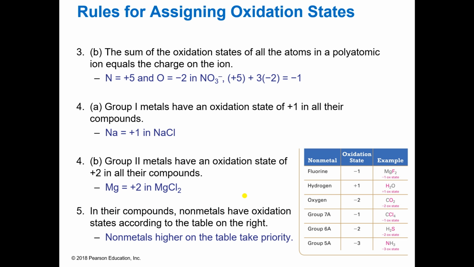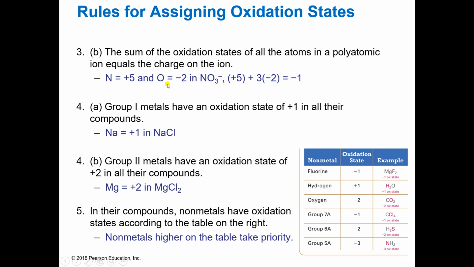So then we have oxidation states of polyatomic ions, and everything within the polyatomic must equal the overall charge on the compound. So we know that oxygen, the oxygen always and forever will be -2. That never changes.